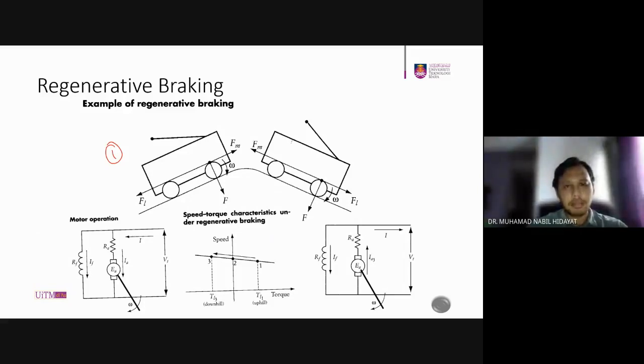So you can see that the car is moving forward up until the tip of the hill.